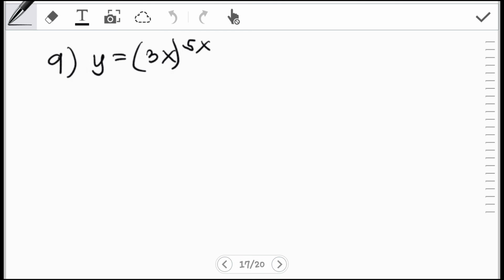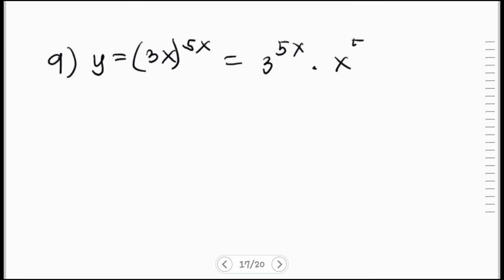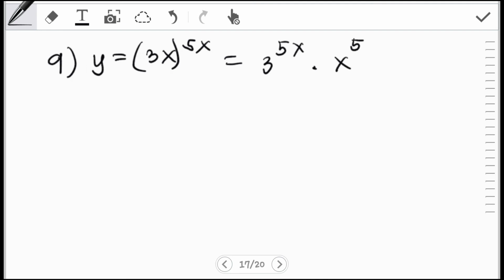So next, what is the first derivative of y is equals to the quantity of 3x to the power 5x? Okay, so in this problem given, we write like this: 3 to the power 5x times x to the power 5x.